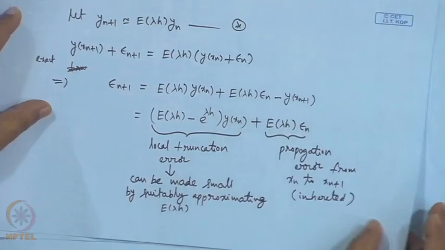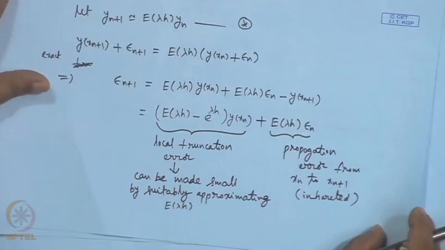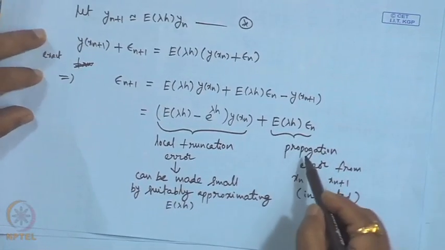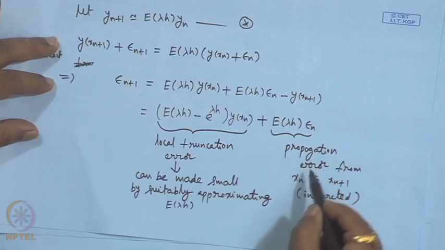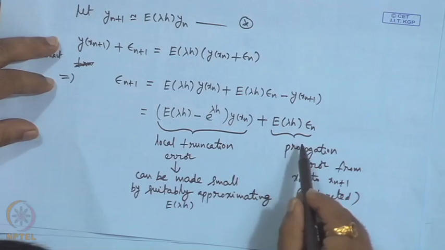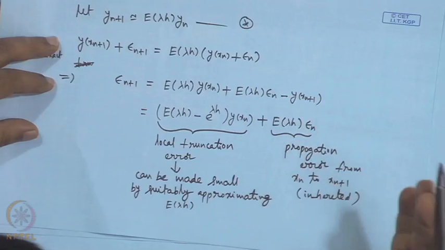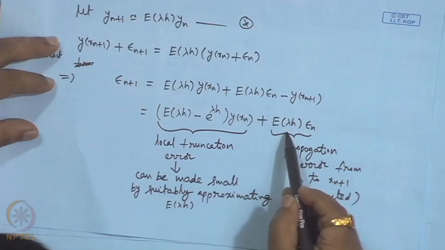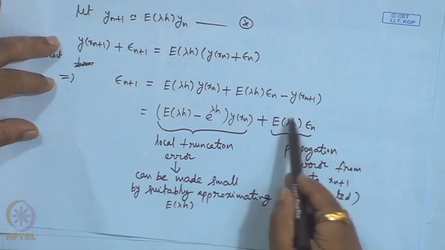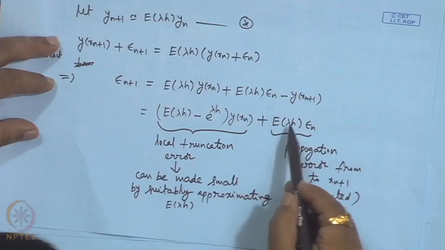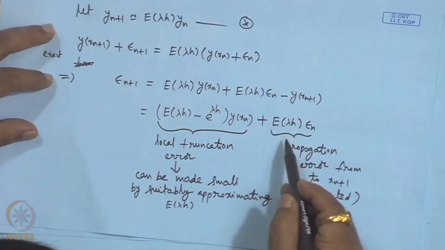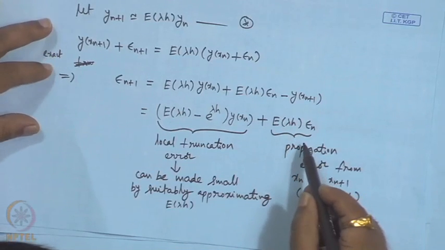Now, once we have these two parts, this will define absolute stability. Why absolute stability? Whatever error at the nth stage, it is magnified by this factor. So, as long as you are controlling this, there will not be much inherited error.